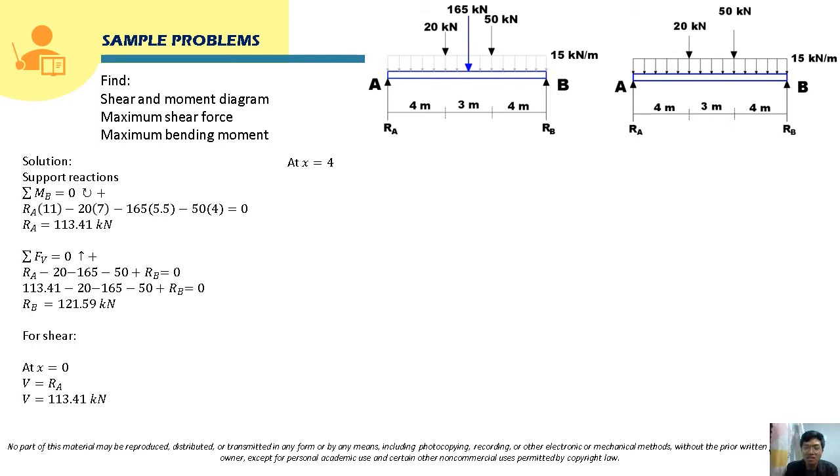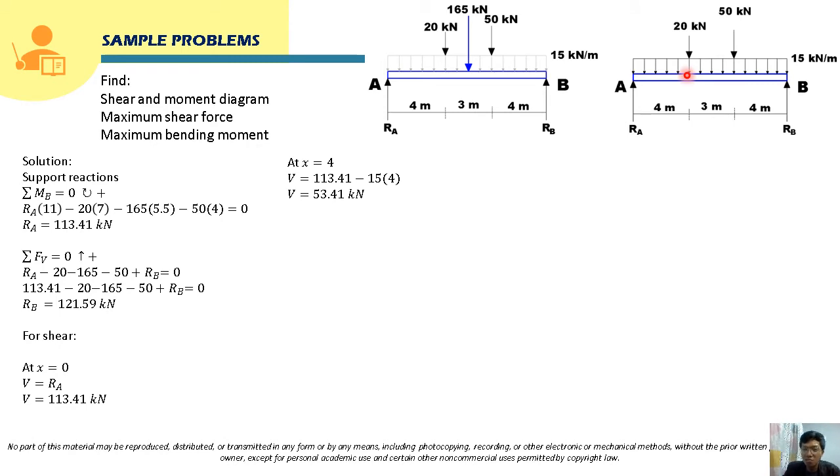So the shear here will be 113.41 plus, for this distributed loading, which is downward, so negative, its area, 15 times its base, which is 4. So this is the area of the rectangular loading at this segment. So the shear here, therefore, is 53.41 kilonewton.